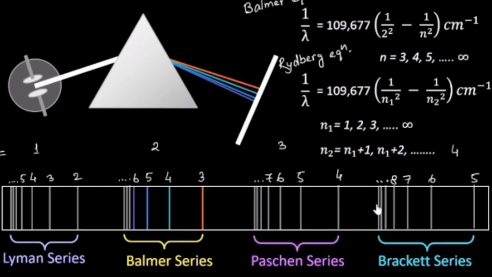Rydberg has given this simple theoretical equation for the calculation of wavelengths or wave numbers of the spectral lines in different series of the hydrogen spectrum. This equation is known as the Rydberg formula or Rydberg equation.